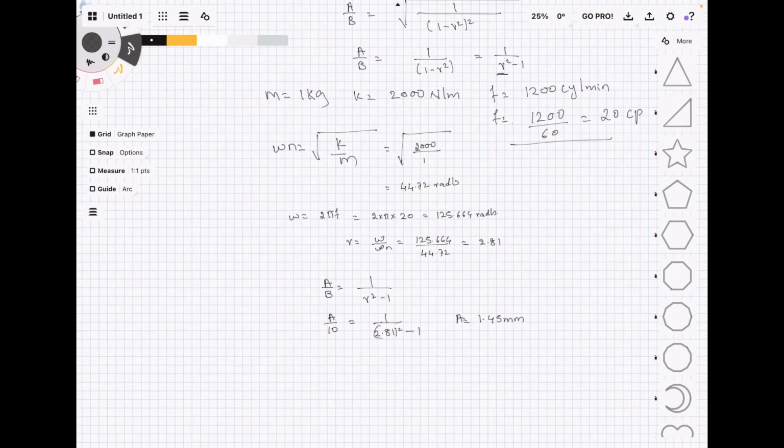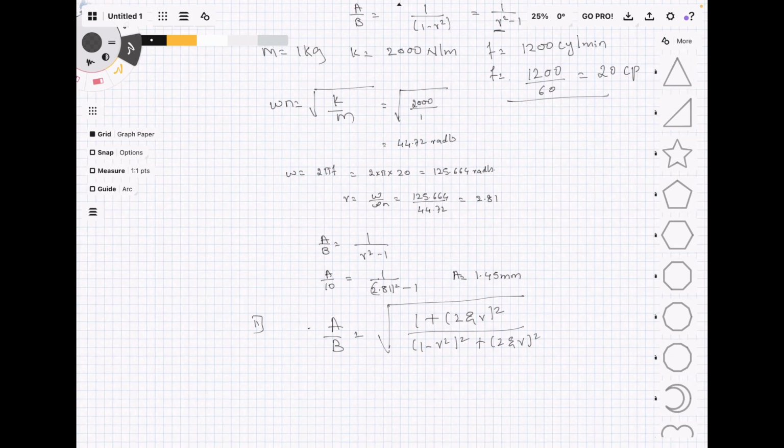So in the second case, A by B will be equal to square root of (1 plus (2 zeta r) the whole square) divided by ((1 minus r square) the whole square plus (2 zeta r) the whole square). This is the formula.